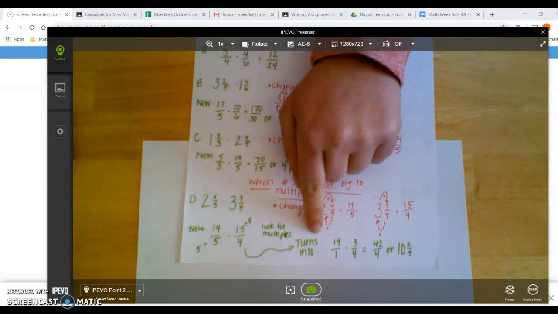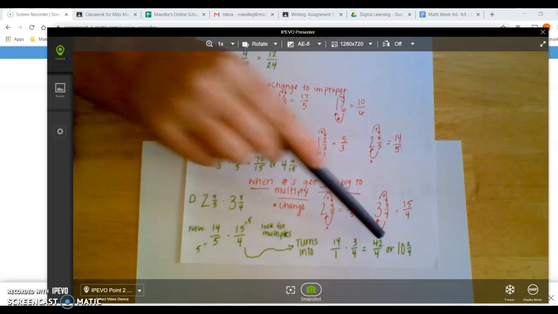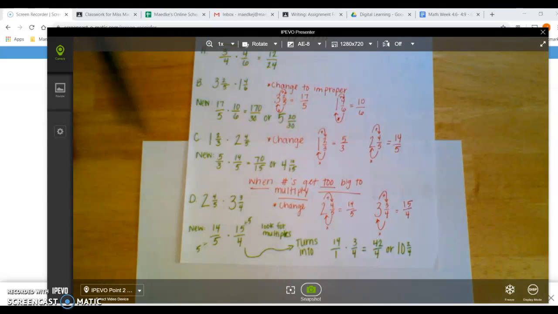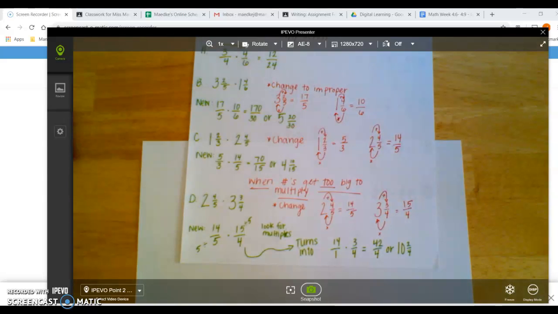So we come over here and it turns into 14 over 1 times 3 over 4. Those are easier numbers for us to multiply. When I multiply here, I get 42 over 4, or I change it into my mixed number and I do 10 2/4. Either way, it works.